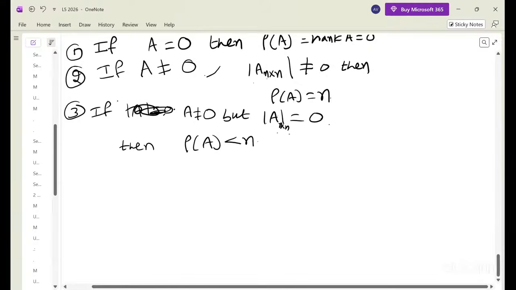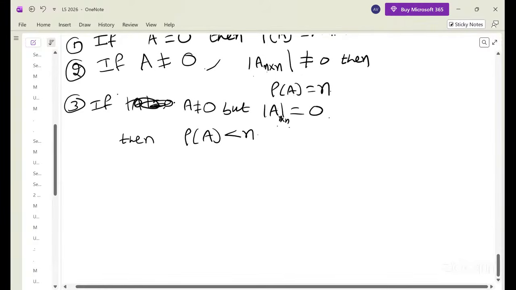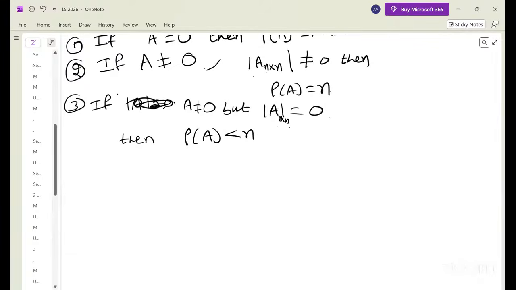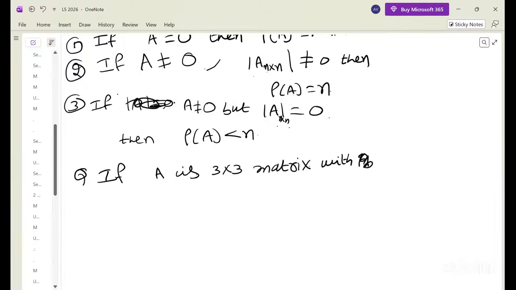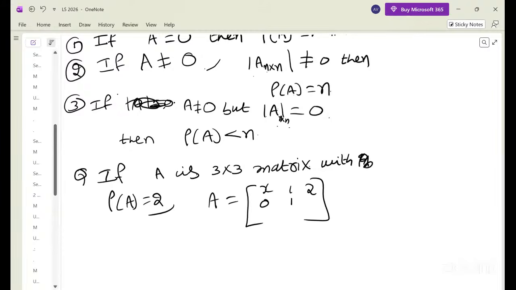So how this question will be given is: if A is a 3 by 3 matrix with determinant not 0, the rank of A is equal to 2, and A is the matrix with rows x, 1, 2; 0, 1, 1; 1, minus 1, 3.